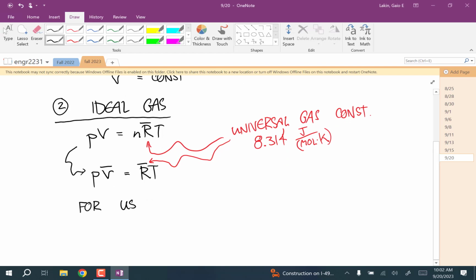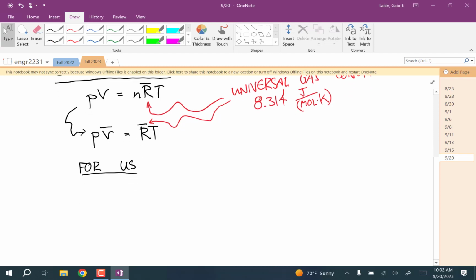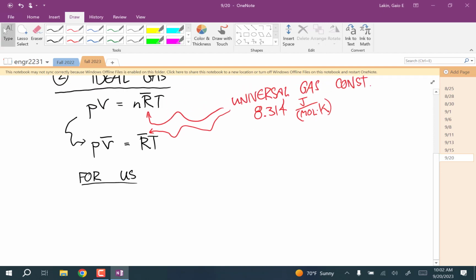For us, we are going to redefine our gas constant. So our R, with no bar over it, is the universal gas constant divided by the molar mass.